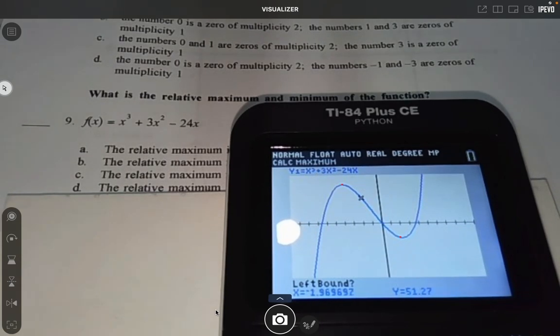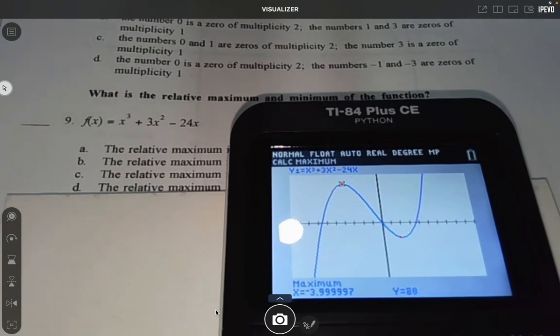I'm going to go over here, and then we go to the left of it, press enter, to the right of it, press enter, and back to it. And so what's my relative maximum? It looks like -4, 80. They have ordered pairs, so I'll just write the whole ordered pair, but it's -4, 80. Everybody good with that one?